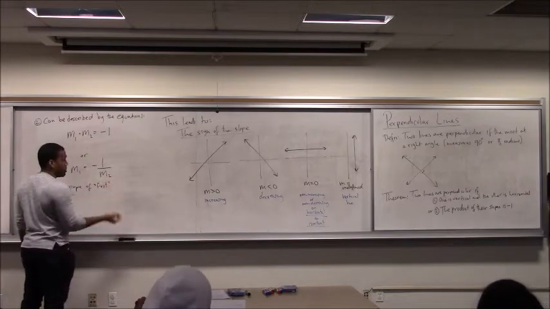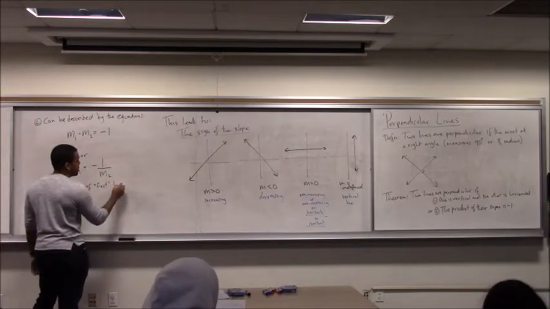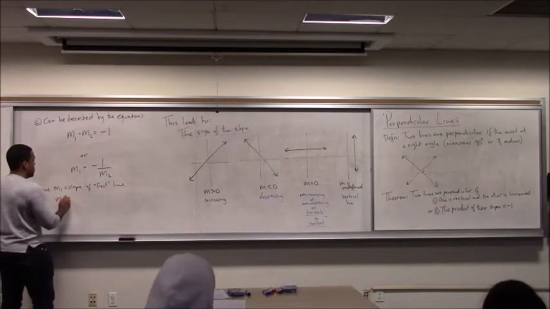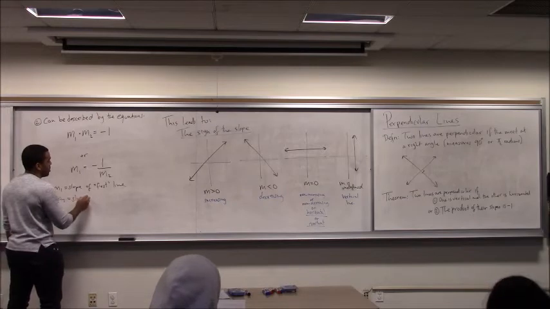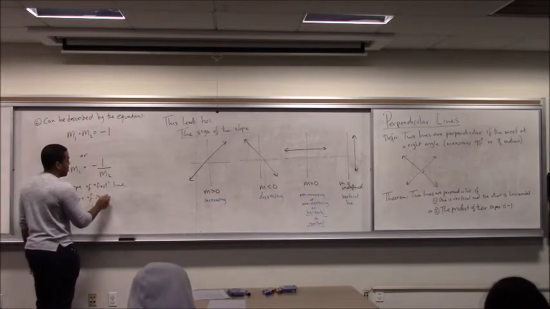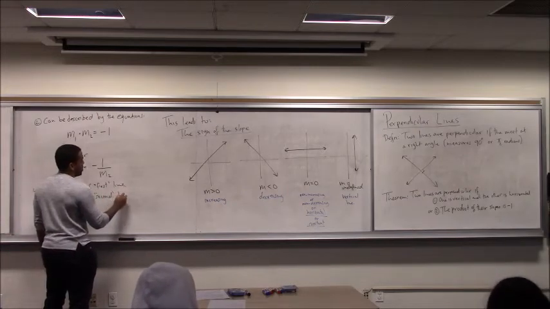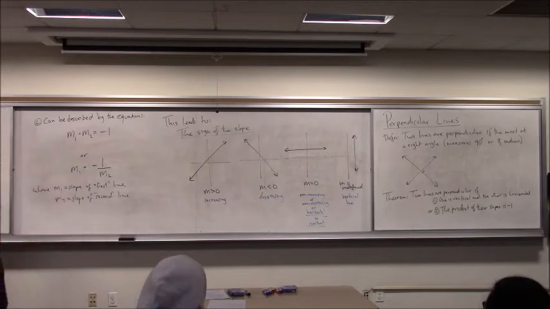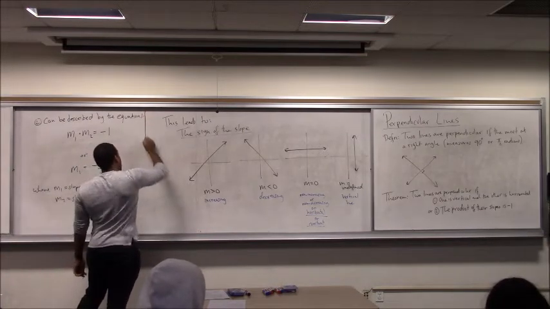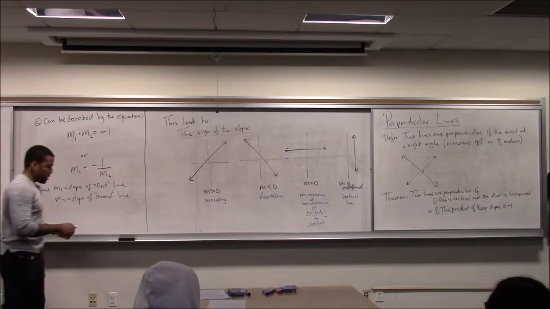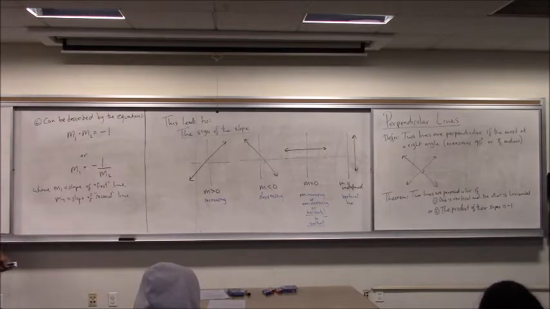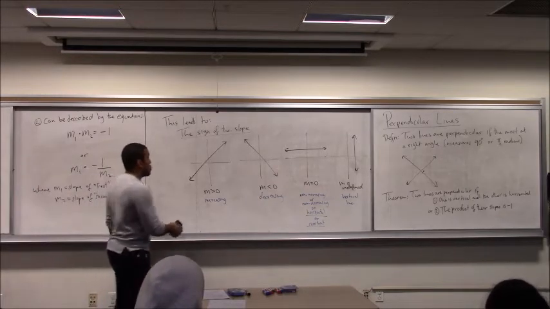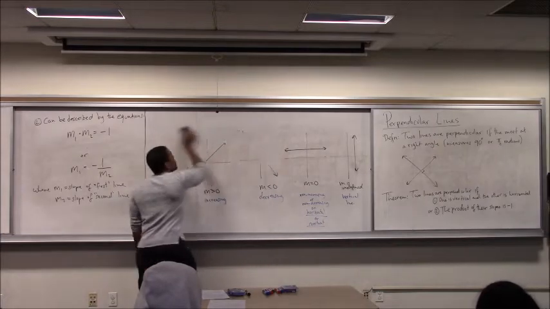First is relative, it doesn't matter who you choose to be first. And m2 is the slope of the second line. So if you have two lines, you measure their slopes. When you multiply their slopes, you get -1 as the answer. Turns out that those two lines will meet at right angles if you decided to graph them.